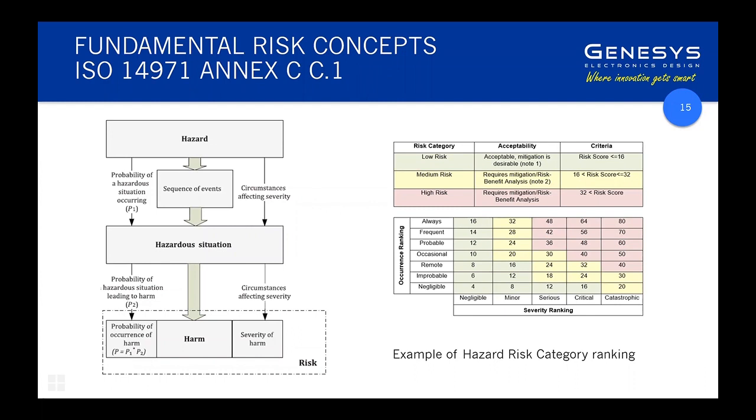In the case of electrical design, when you've got isolation barriers for isolating mains from the patient, you then have to look at what is the probability that there will be a failure that will cause the electrical conductivity of dangerous currents through the patient, for example. So at the end of the day, you come up with an event probability, or an estimation of the probability that the hazardous situation might occur. But then there's a second probability. What is the probability that that hazardous situation will actually cause harm to the patient?